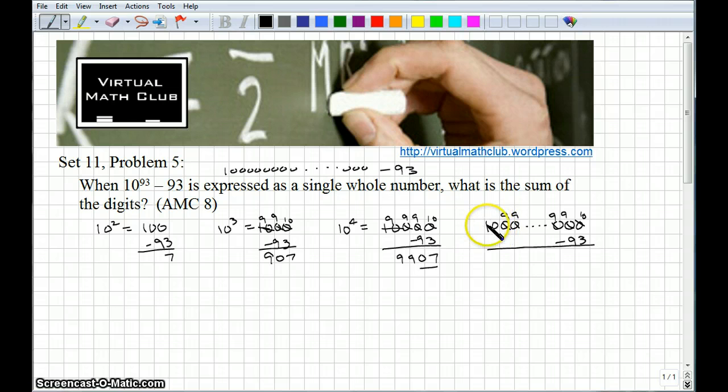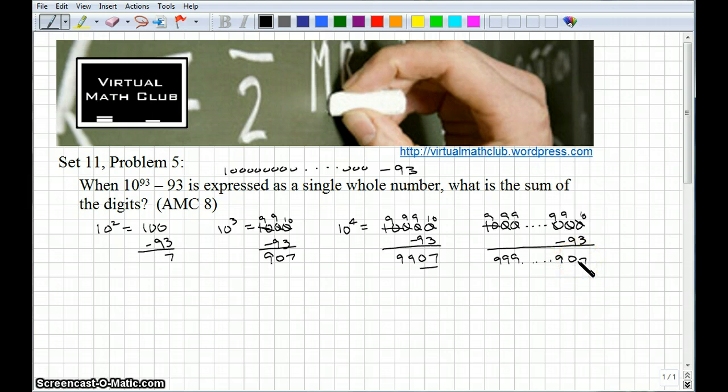So you're going to get a bunch of 9s, then 0, 7. So you could think about it that way.